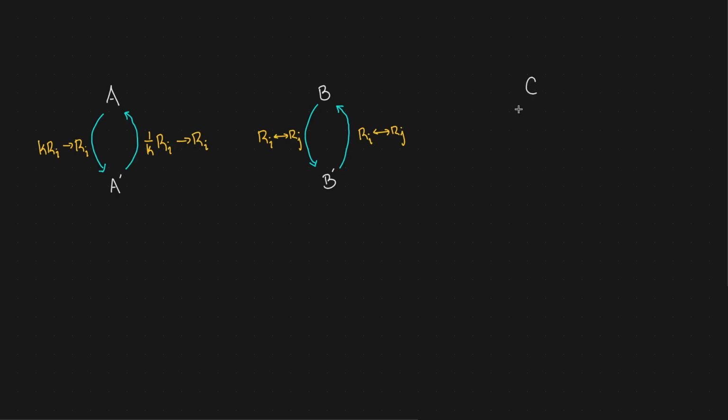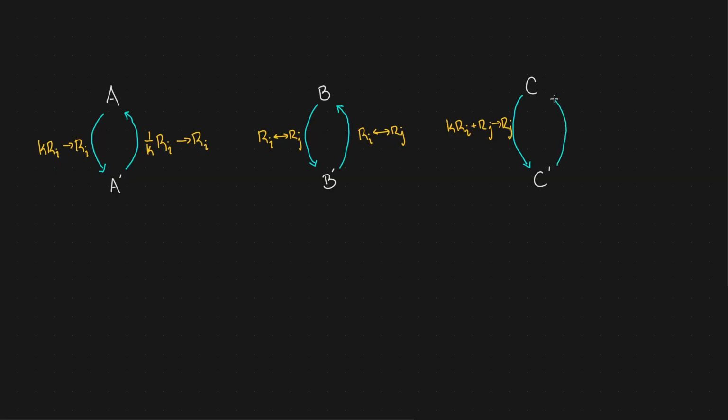And finally, let's consider the third elementary row operation. This is adding a multiple of one row to another row. So let's say k times row i plus row j is my new row j. So that will give me some new matrix, call it C prime.